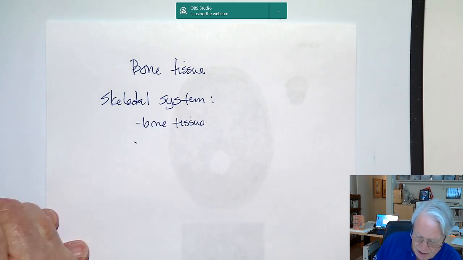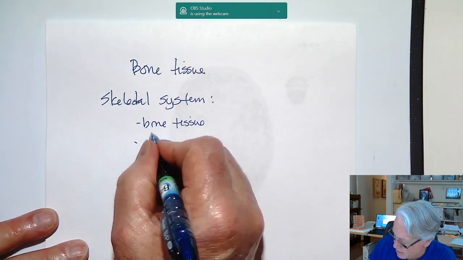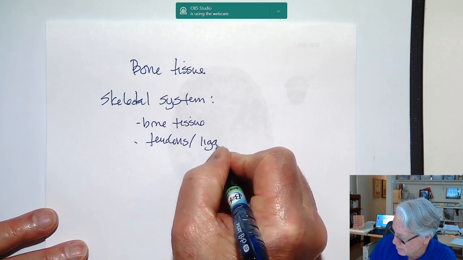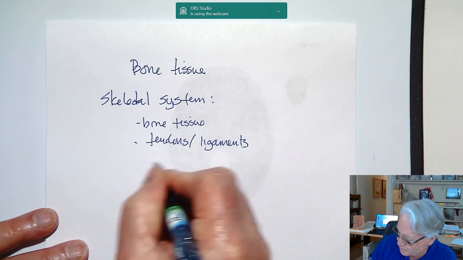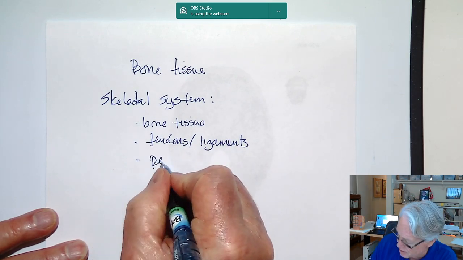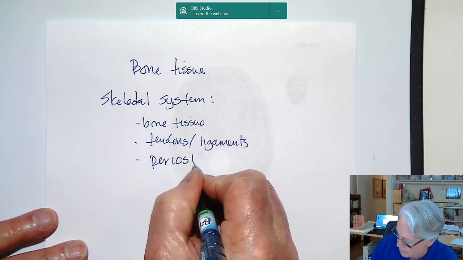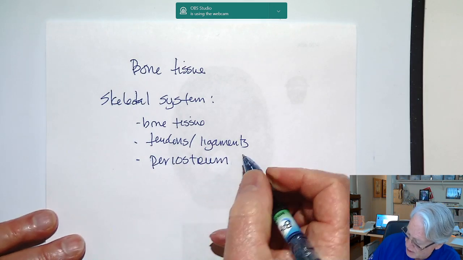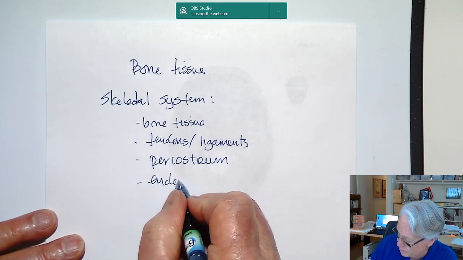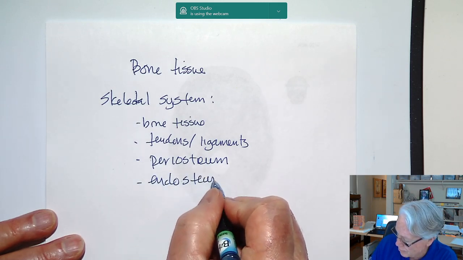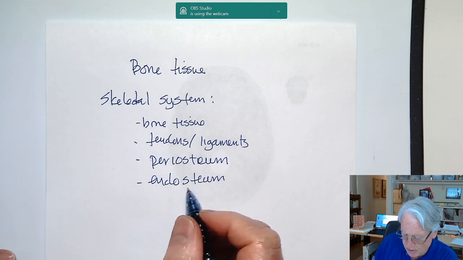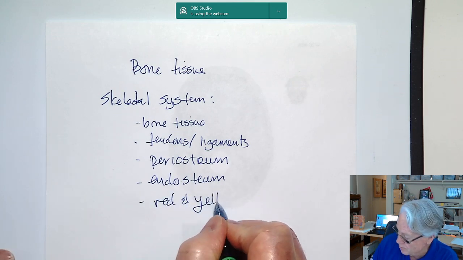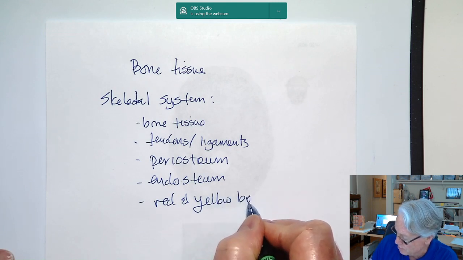We're talking about tendons and ligaments. We're talking about the periosteum, which is a dense, irregular connective tissue that surrounds bone. The endosteum. And we're talking about red and yellow bone marrow.